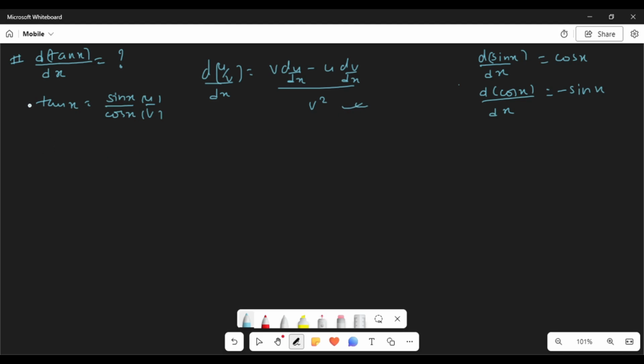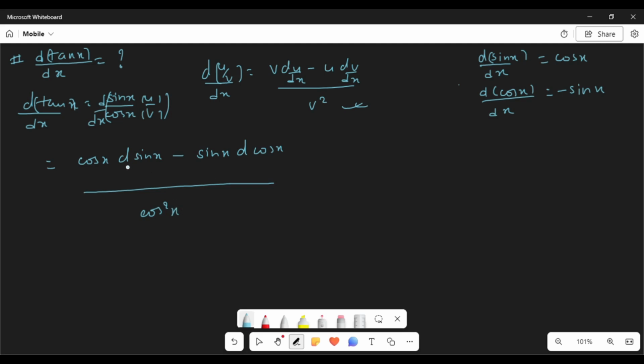So now d tan x by dx: v is our cos x, du means d sin x, minus u, which is sin x, d cos x, whole divided by v square, meaning cos square x, with respect to x.